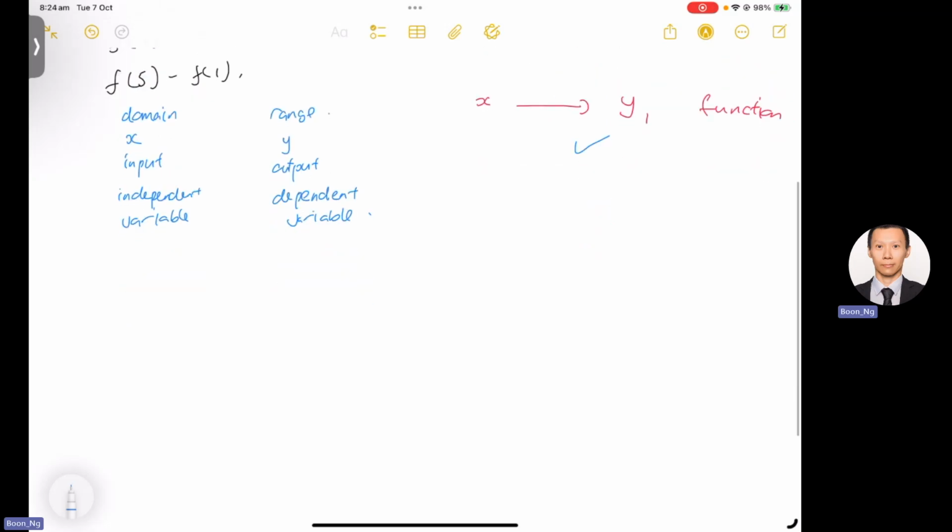Typically, to synchronize, I will use domain and range.